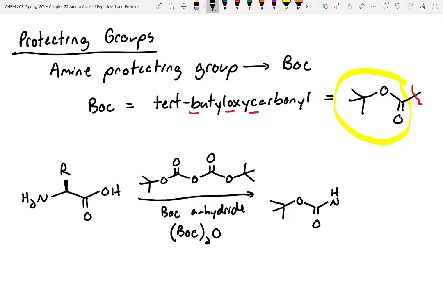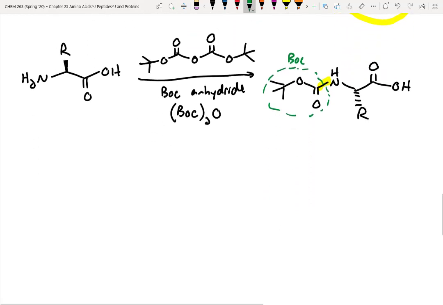And we're going to protect that nitrogen like this. So this is the new bond that is formed between that nitrogen and our BOC group. And then this whole thing can be abbreviated just as BOC, if you'd like to write it that way. You'll see that shown a lot in your biochemistry courses.